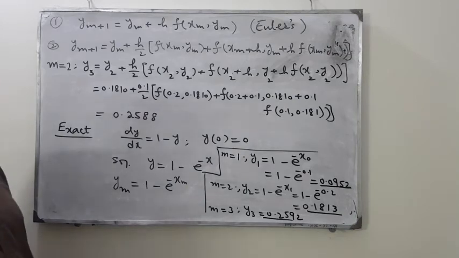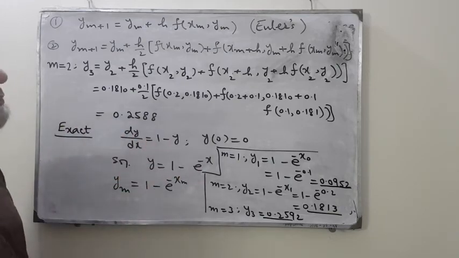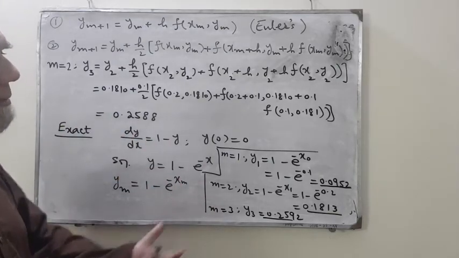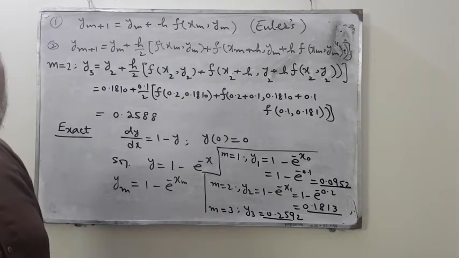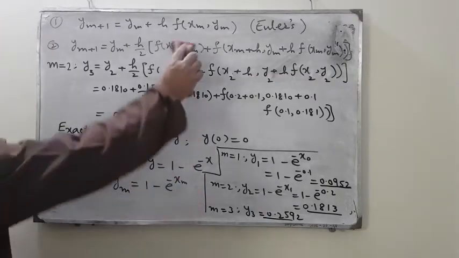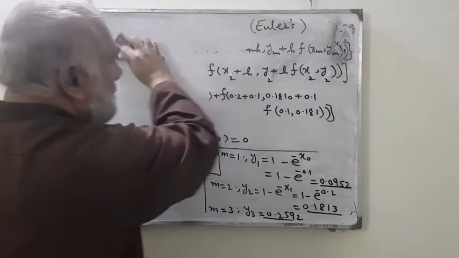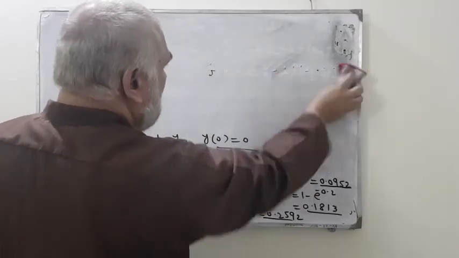Now, if we write them in a single format in the form of a table, then we can make the comparison of all these results with the exact solution and decide which one is giving us a better result. So let me construct a table of values for all these results.